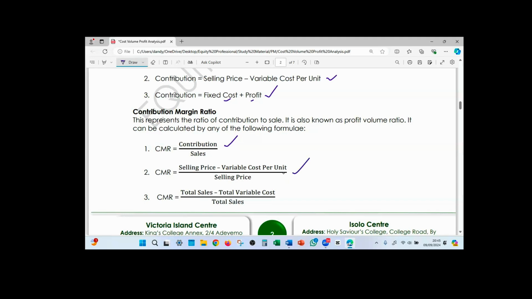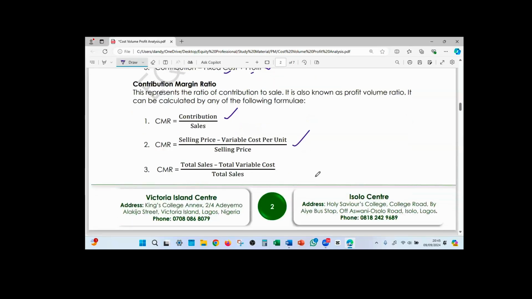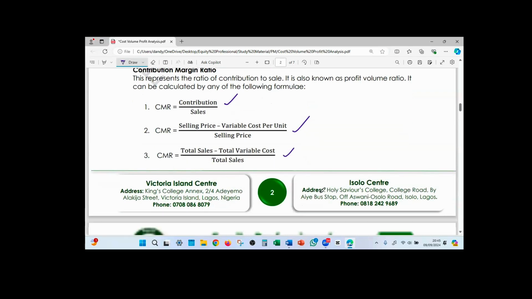If you are given total sales and total variable costs, then total sales minus total variable cost will give you total contribution. Therefore, total contribution divided by total sales will give me the contribution margin ratio.